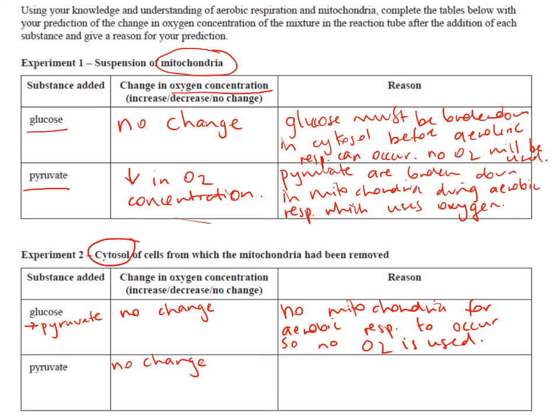To demonstrate your understanding, you could explain in this one that the glucose would still be broken into pyruvate. Here you could explicitly say that the pyruvate cannot transport to the mitochondria as they're not there. So aerobic respiration cannot happen.